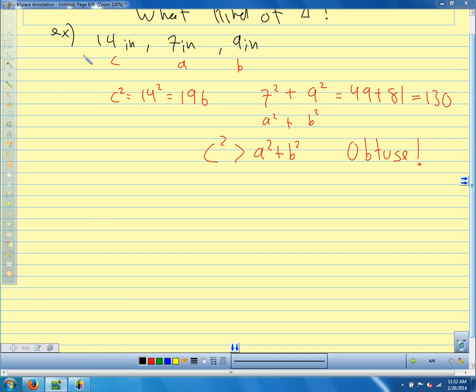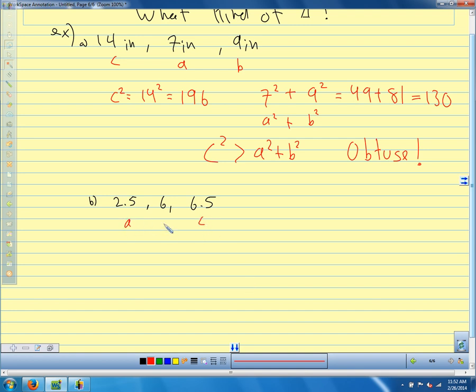How about 2.5, 6, and 6.5? All right, which side is C here? 6.5.